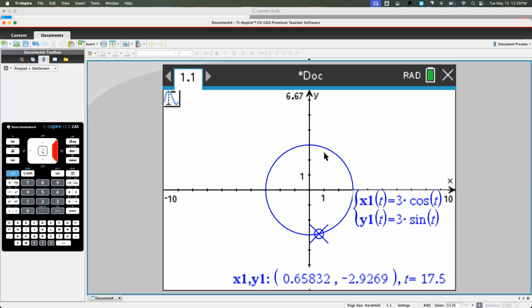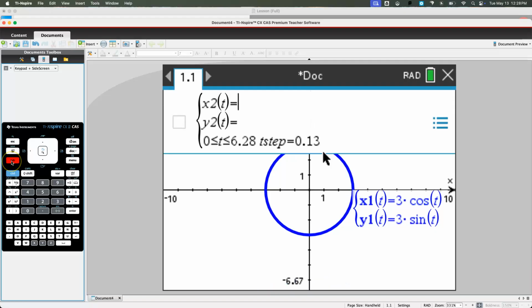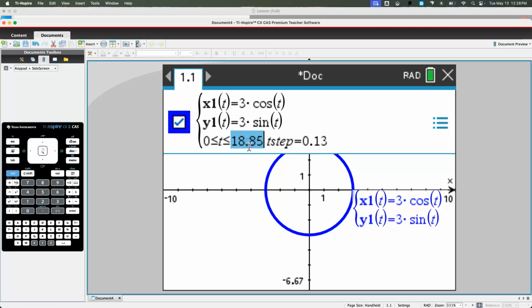If we watch our t values down here in the corner, sorry for people in the back, it's going up to about 6 pi, and then it suddenly jumps back to 0 because it resets itself. Okay? So that's what happens there. Let's reset this to be 2 pi.